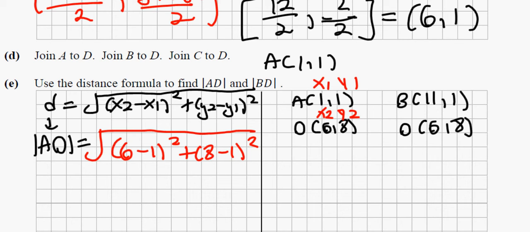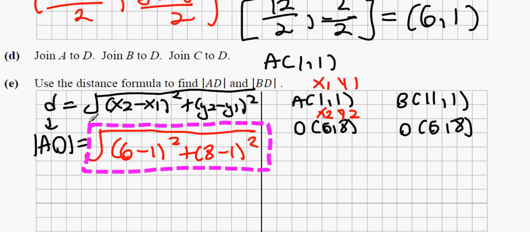Just enter this into your calculator exactly as it looks. The length of AD is going to equal root 74, and root 74, pressing the change button on your calculator, is 8.6.